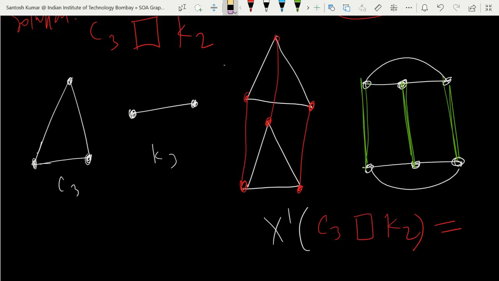So 3. Okay, so you can take 1, 2, 3, and here you can take again 1. Why don't you take 1? Okay. No sir, not 3, sir, I made a mistake. Okay, no problem, just try.